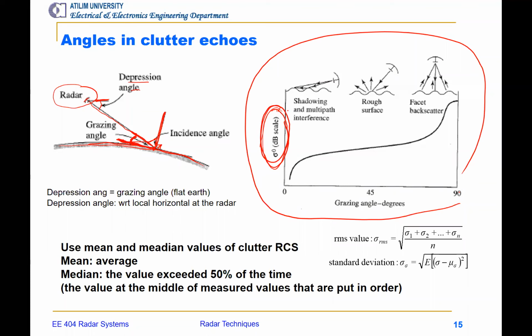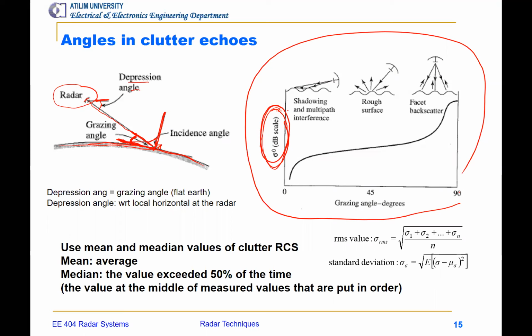Usually, we have to conduct measurements and collect data and then analyze the data statistically and try to evaluate how reflectivity varies with the frequency and the object.